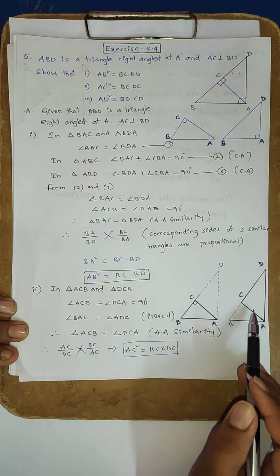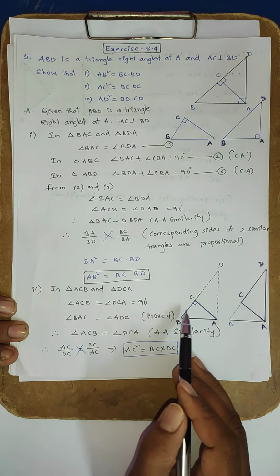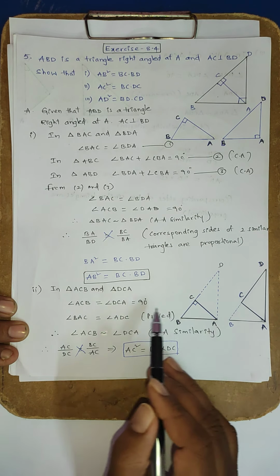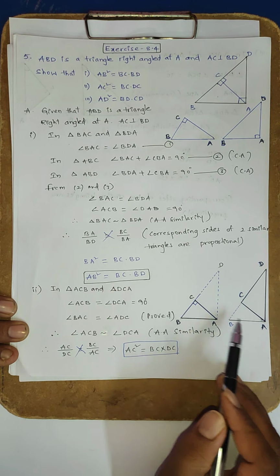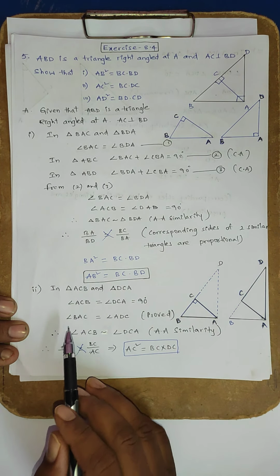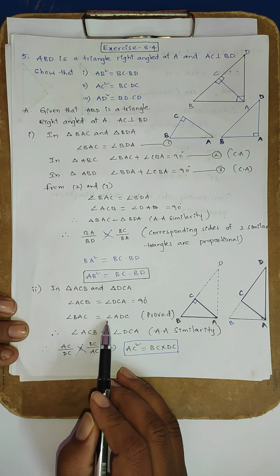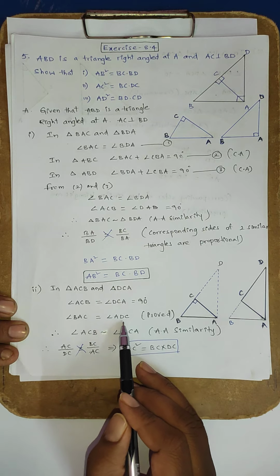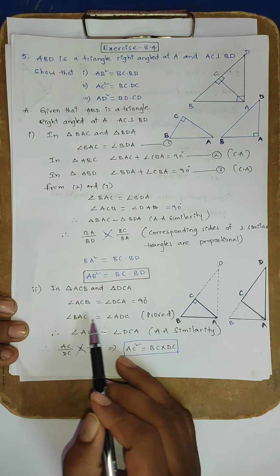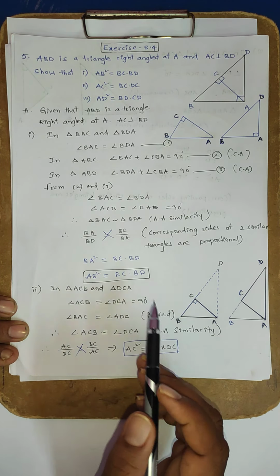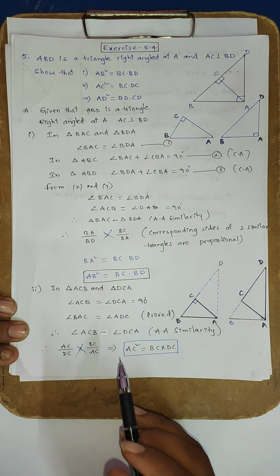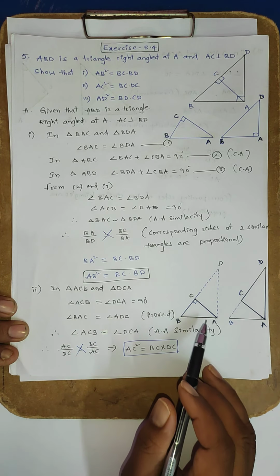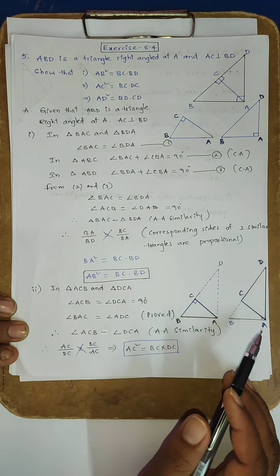In both triangles, angle ACB is 90 degrees and angle DCA is also 90 degrees. Next, angle BAC is equal to angle ADC, both acute angles, equal as we observed before. With these two conditions, we can confirm that these two triangles are similar to each other.